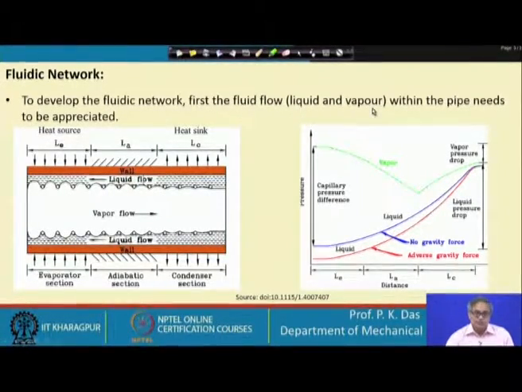First the fluid flow has to be understood and then the network has to be developed. This will take a little bit of time, so we will do it in the next class.